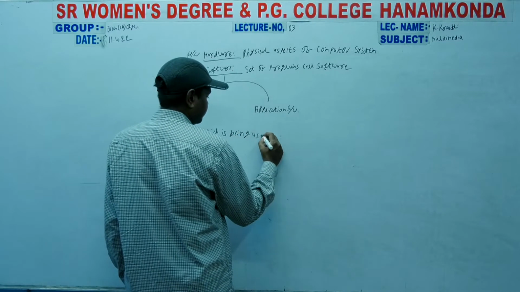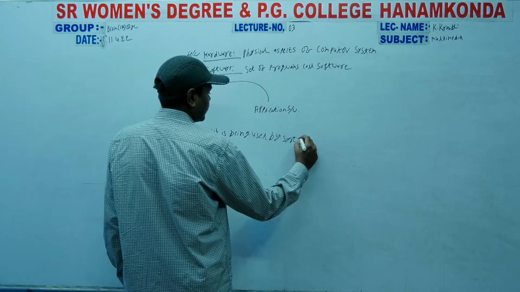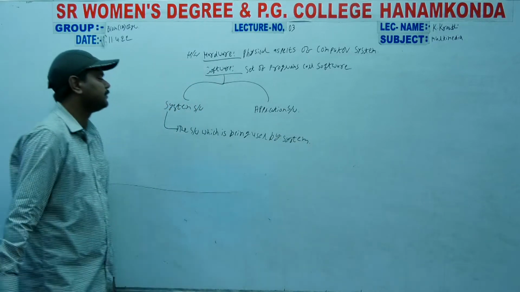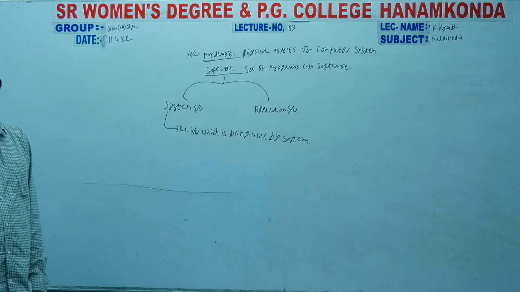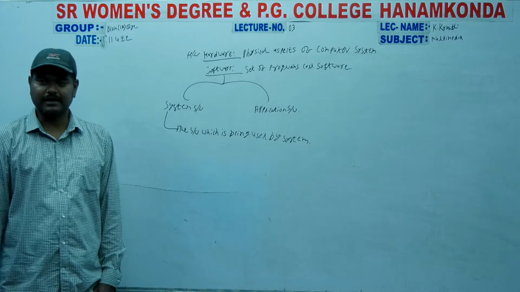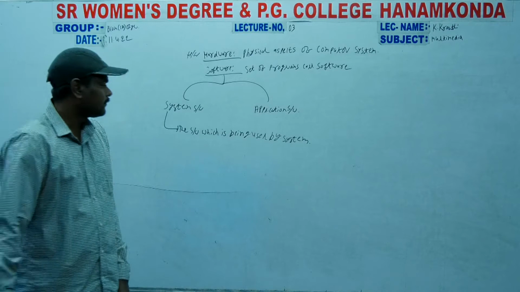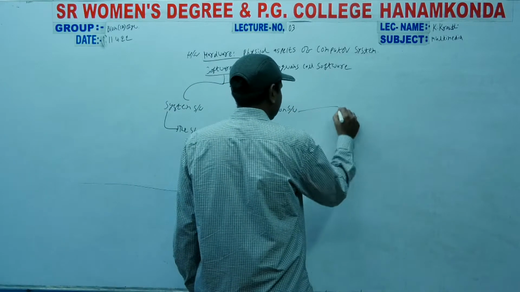The software which is being used by the system is called system software. Next comes the application software. So what is the application software?